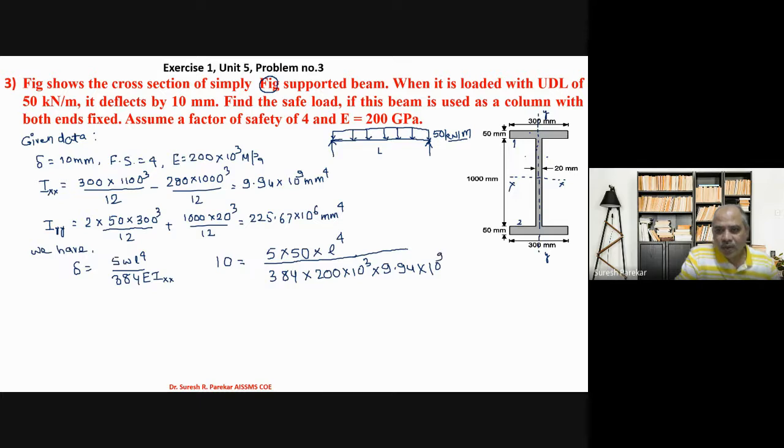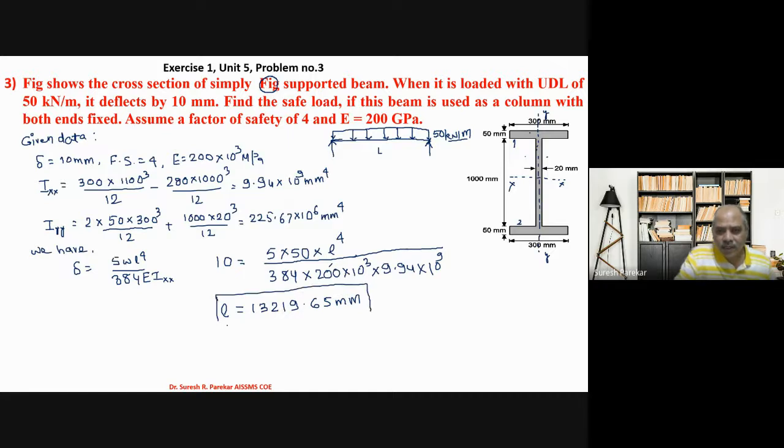If you solve this for L, we will get the value of L equal to 13219.65 millimeters. So this will be the span.